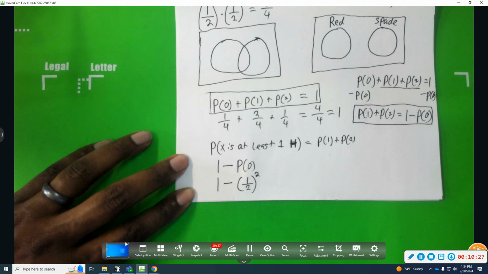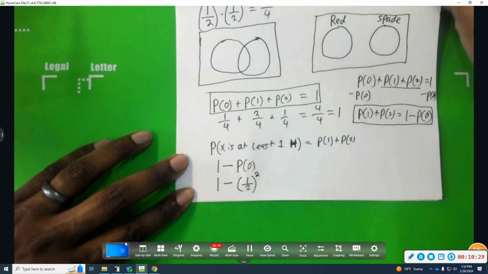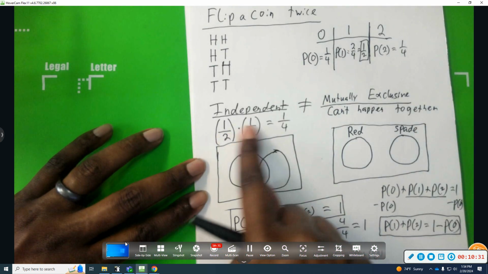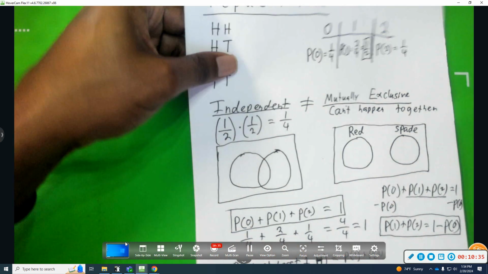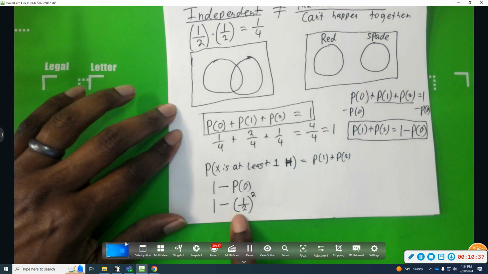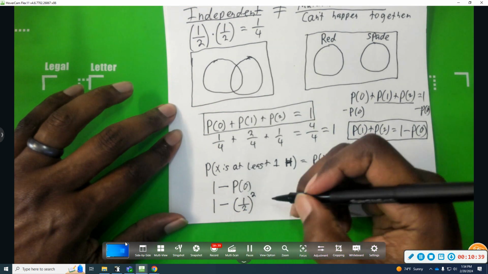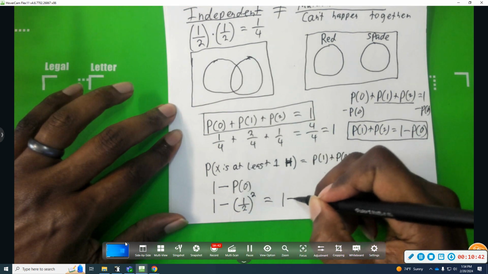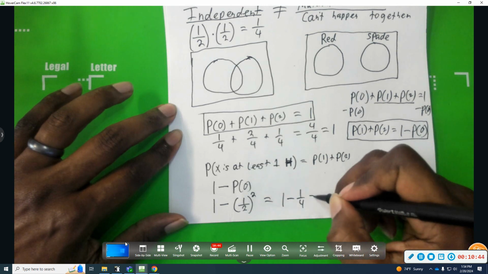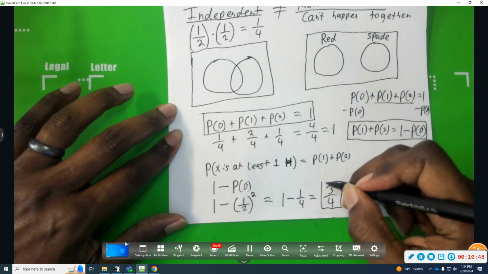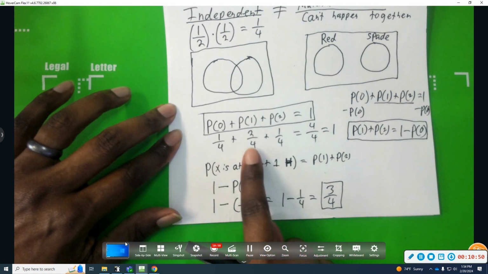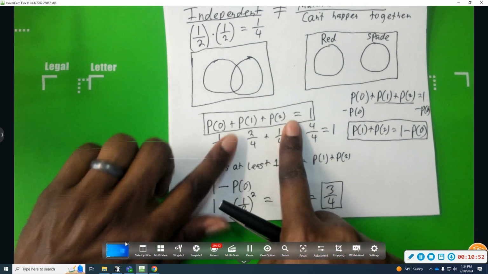That's the same thing as 1/2 times 1/2, because the flips were independent, which gives me 1/4. Same thing as squaring it: squaring the top, which is 1, and the bottom, you get 4. So this will be equal to 1 minus 1/4, which gives me 3/4.